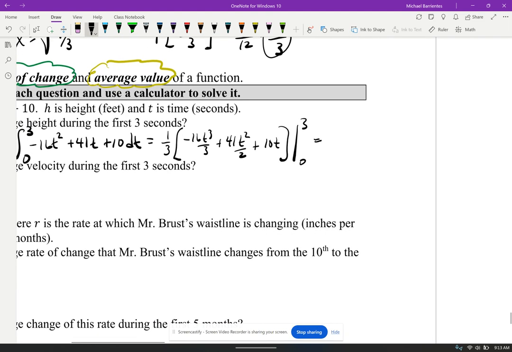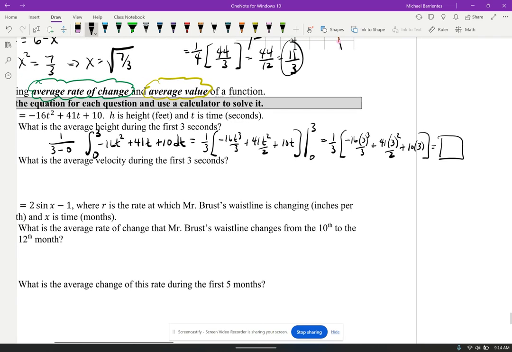When I substitute a 0 everywhere I see a t, everything goes away. So really, I'm just worried about substituting the 3: negative 16 times 3 cubed over 3 plus 41 times 3 squared over 2 plus 10 times 3. And whatever this is, that would be the average height.